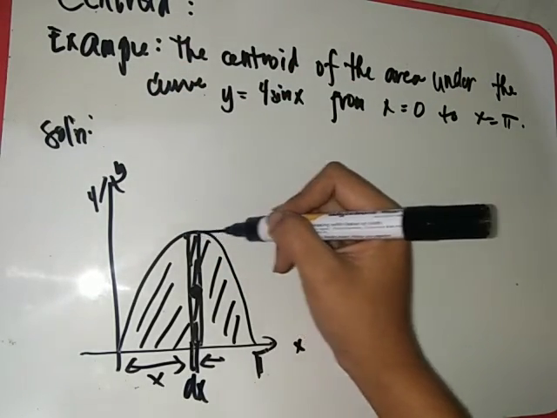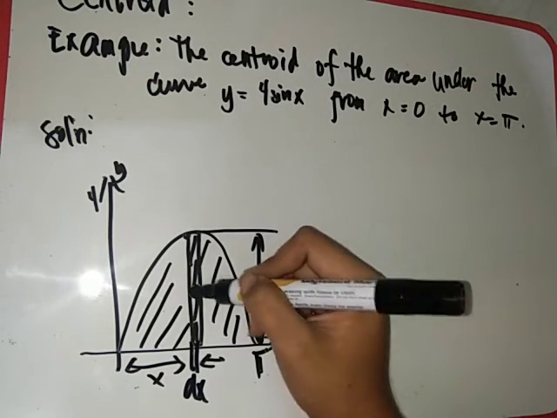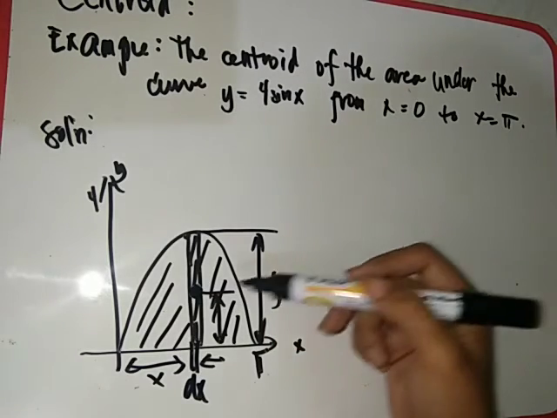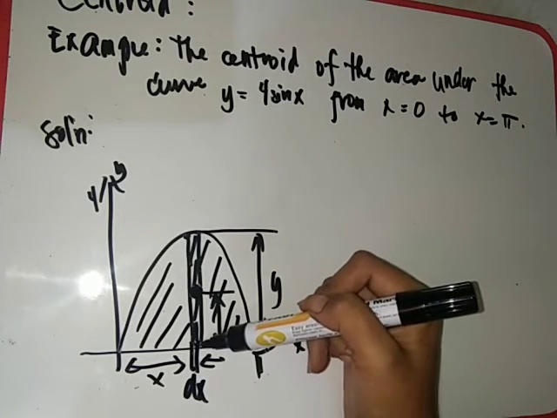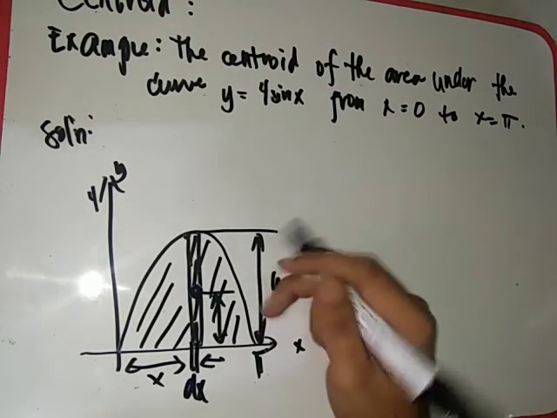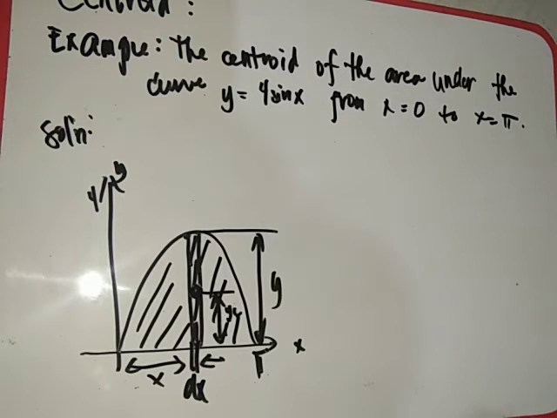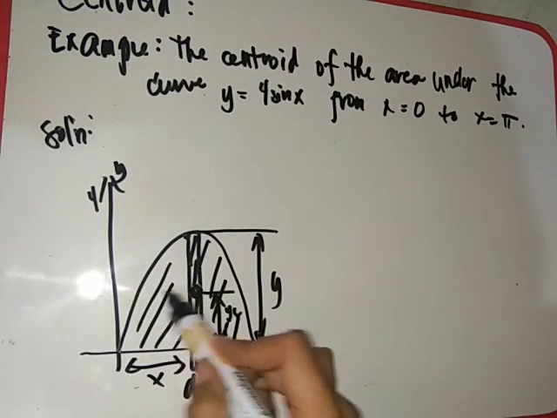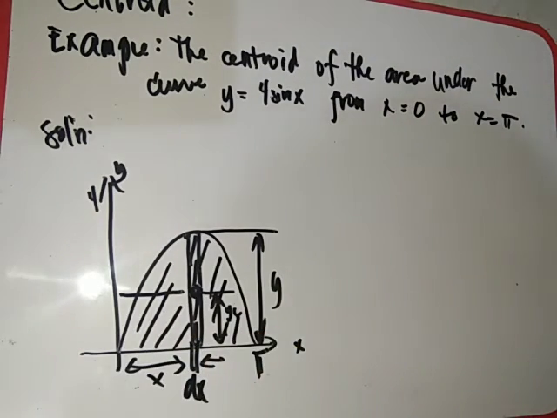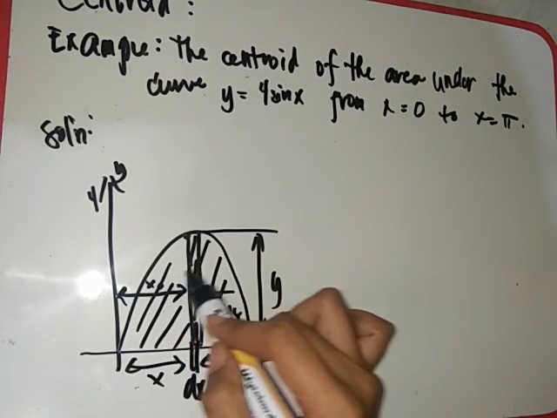So the height of the vertical strip is your y, and from the centroid going to the x-axis, that is the YC, or the centroid of the strip. And then this is the distance from the y-axis going to the centroid, that is the XC.